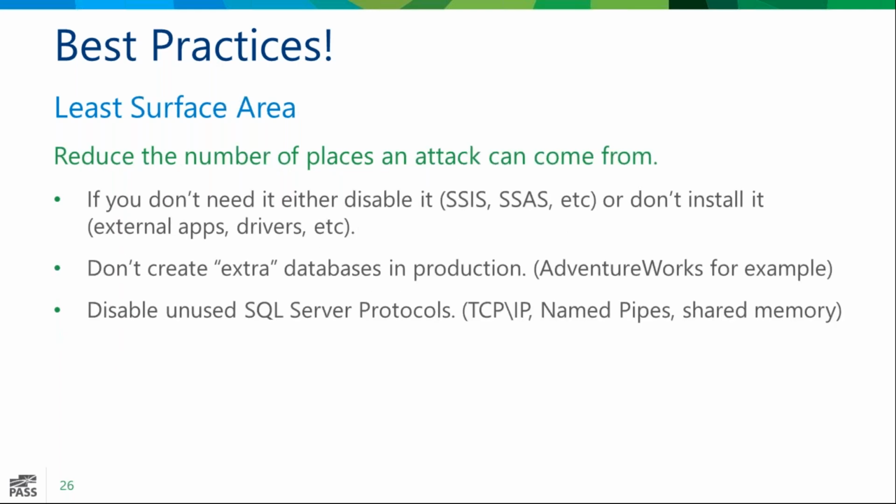Least surface area. Security has 2 purposes. Purpose number 1, it's to prevent accidents. If you shouldn't be able to do it, don't be able to do it, because let's face it, accidents happen. Least surface area is about the other one. This is they're out to get you. It is only paranoia if they're not really out to get you.